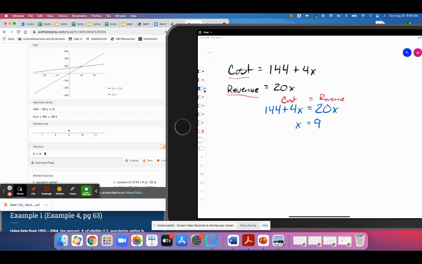That means that, and I always want to write a statement at the end of this, because in this class, numbers mean something. We are always going to be doing math in context. This is never, hey, my answer is 9. That is not sufficient. You have to tell me what 9 means, because 9 has a meaning. So again, my sentence, folks, is going to be: my boy needs to mow 9 yards to break even.